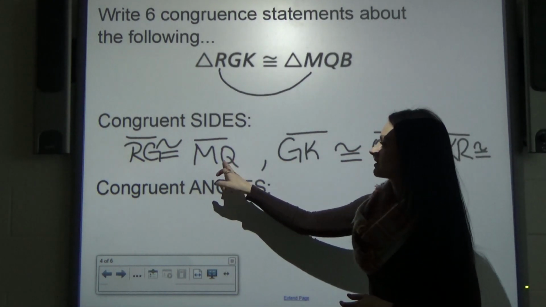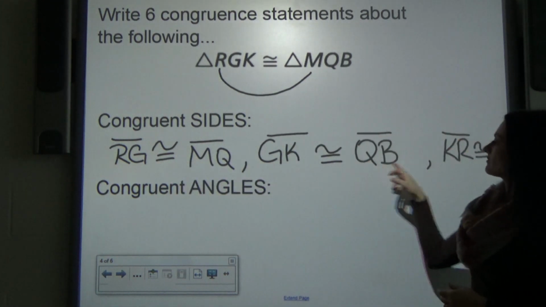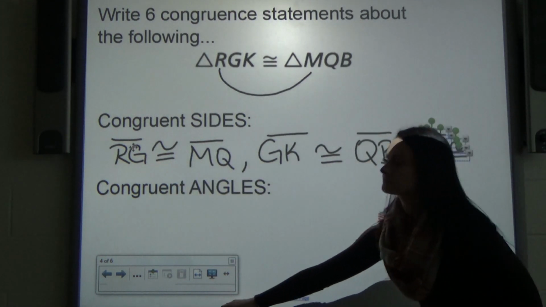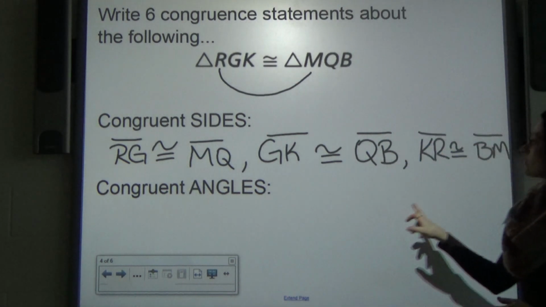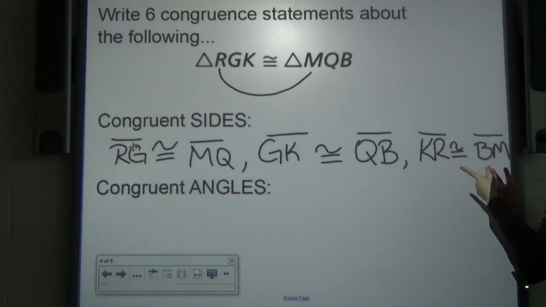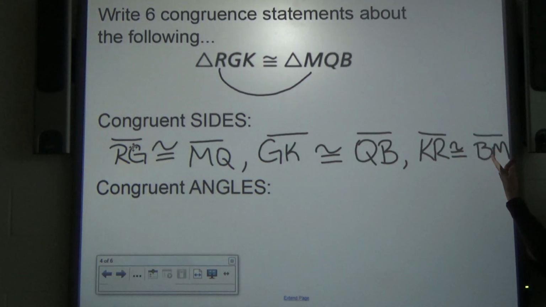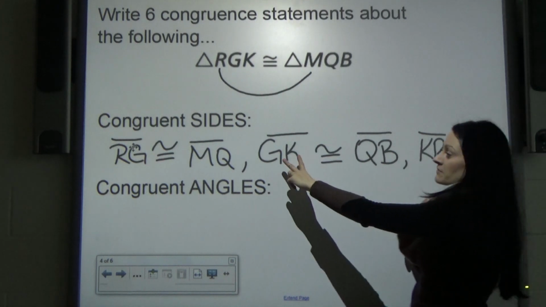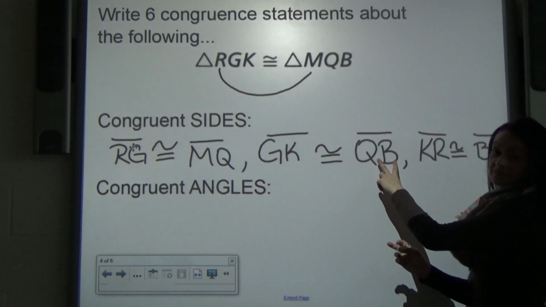Let me move these over so I have a little bit more room. And the other important thing to note here, this was BM, you could have had all of these flipped completely backwards. So you could have said RK, but I'd have to flip this one backwards as well and say MB. And if I did that with GK and I said KG instead, I have to flip this backwards too.